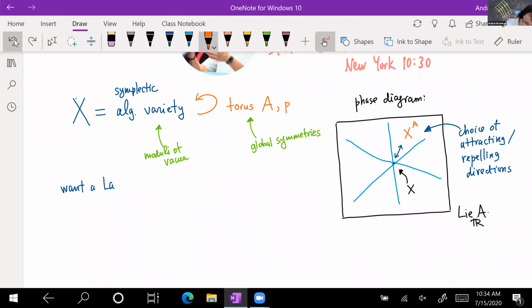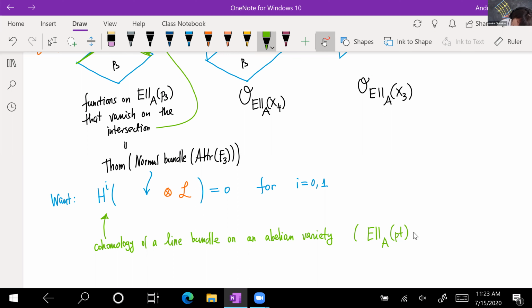And so these, whatever they are, are all cohomology of a line bundle on an abelian variety. Fact: the abelian variety in this case is the A-equivariant elliptic cohomology of a point, which is just a product of elliptic curves.